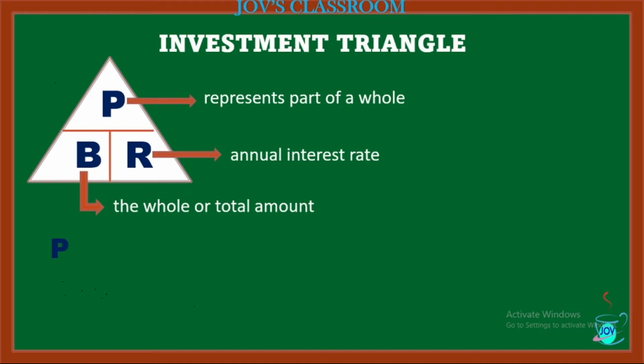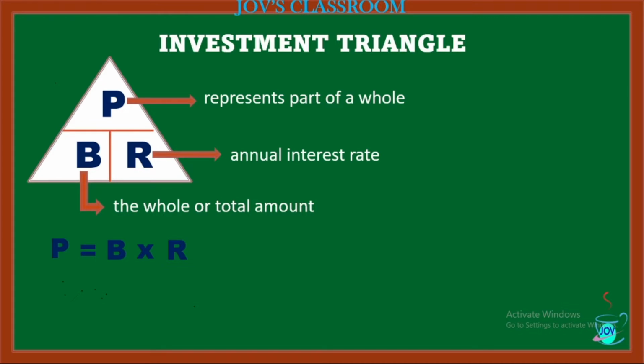In other words, we can generate the formula. P is always at the upper part of the triangle, and P is equal to the base multiplied by its rate. This is just a simple illustration so that you can easily remember an investment formula.